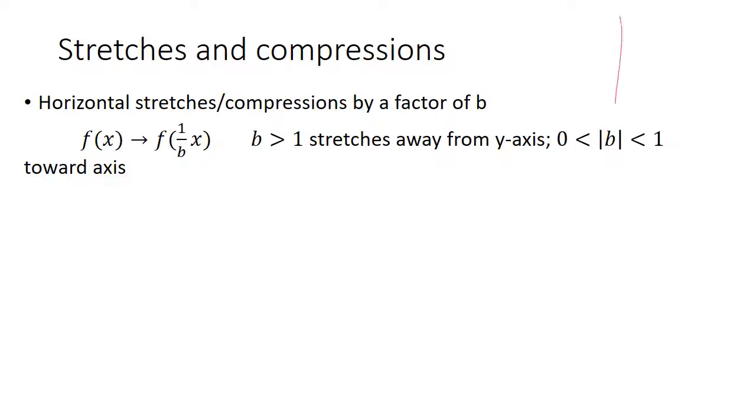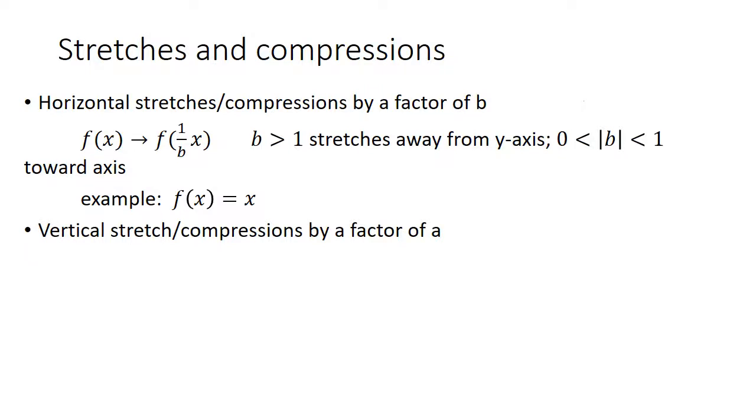For a linear, instead of being here, coming toward the y-axis, if it's a fraction, it's going to be a steeper line. And if it's greater than 1, it's going to be a flatter line, moving away from the y-axis. So you can look at the slope of that and see how it affects it.